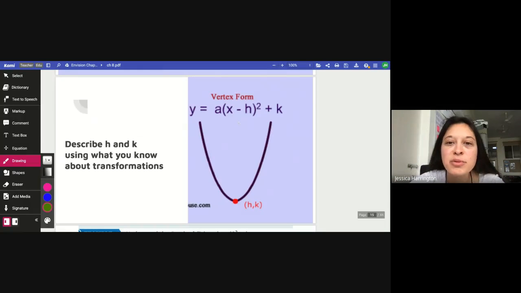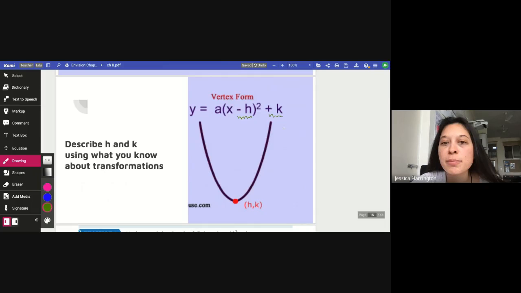Here, h is being taken away from the x coordinate. That is a horizontal translation, and because it's a negative h, the whole function is moving to the right by h. And this plus k is a vertical translation. The whole graph is moving up by k.